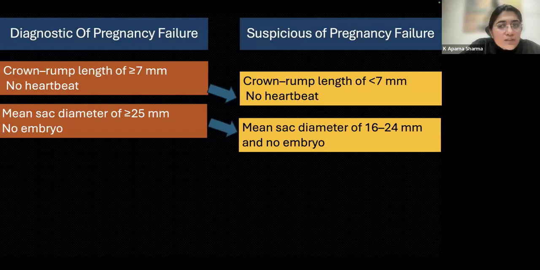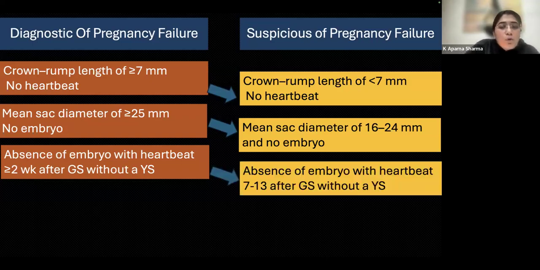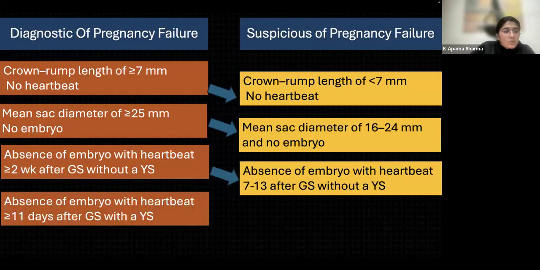Mean sac diameter of 16 to 24 with no embryo is suspicious and we wait. Absence of embryo with a heartbeat more than 2 weeks after a gestational sac without a yolk sac is diagnostic, and if it is more than a week but less than 2 weeks, it is suspicious.